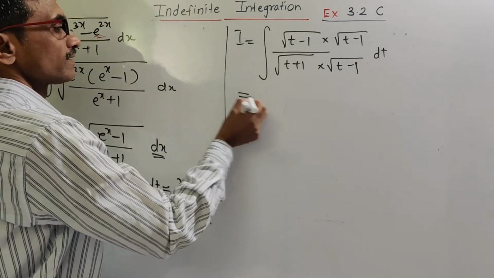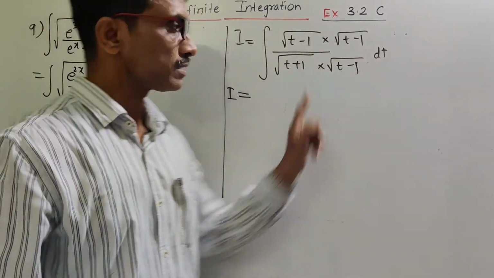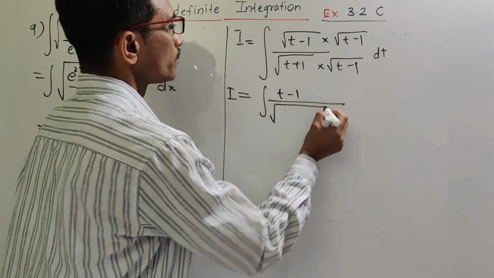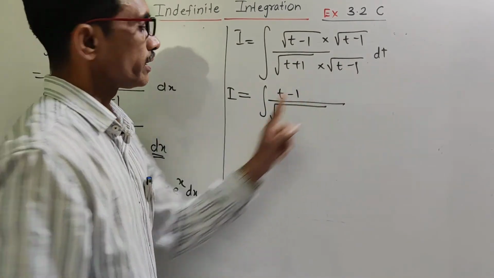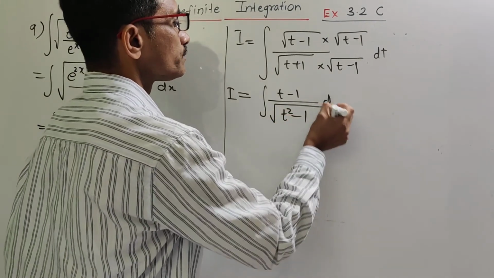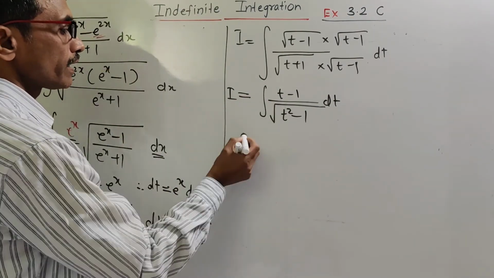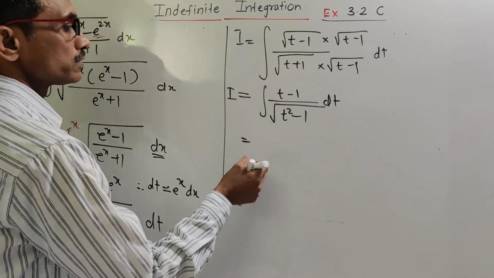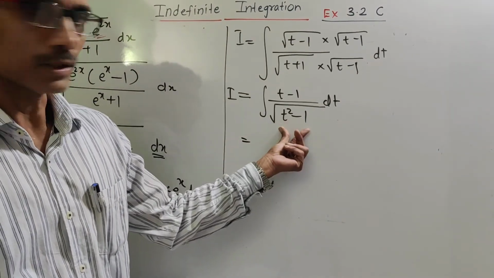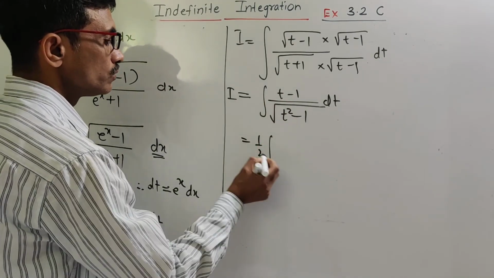This root t minus 1 times root t minus 1 is t minus 1 only, upon root of a plus b, a minus b, which is a square minus b square, t square minus 1 dt. Now the derivative of t square minus 1 is 2t. So multiply and divide by 2.